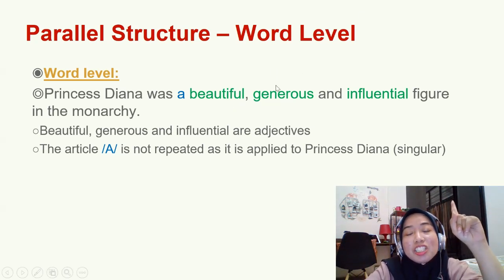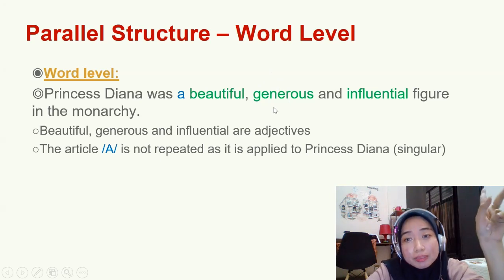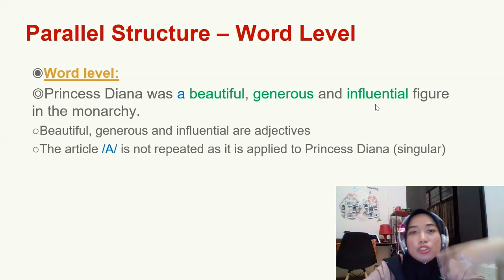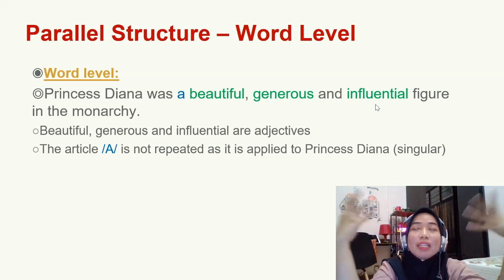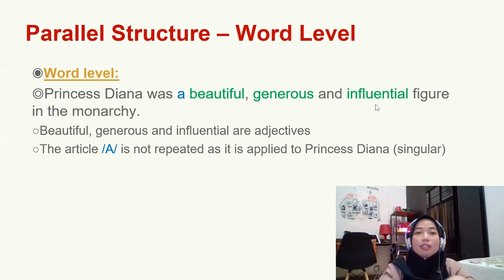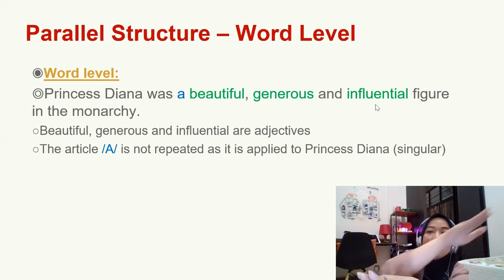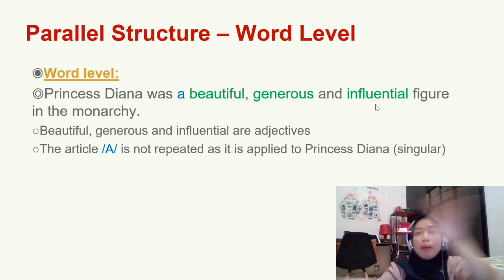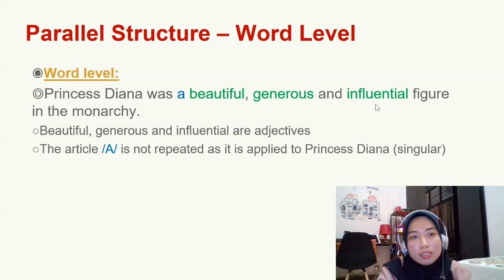Another adjective here is generous, and influential is also an adjective. So we try to keep it consistent and parallel by putting adjective and adjectives. You can't put adjective, noun, and verb, so it's not parallel. Got it? Okay.